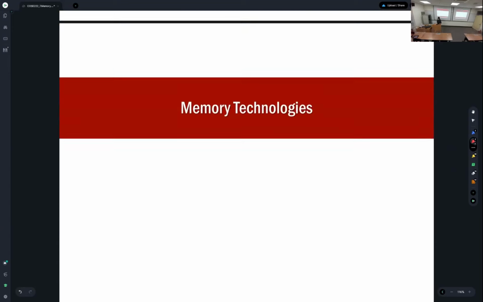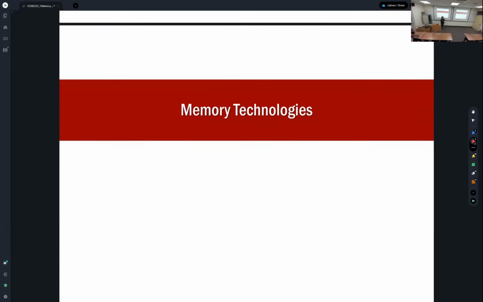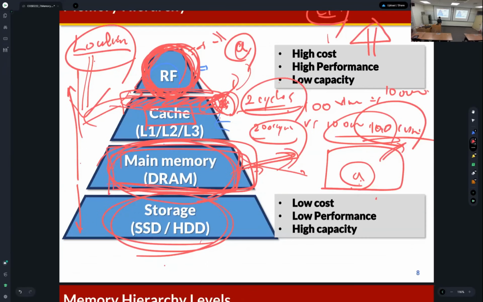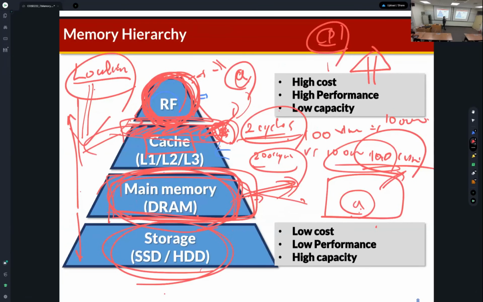Okay. And then I will explain the memory technology briefly. We learned that in the computer system, we organize the memory hierarchy from register file to cache, to the multi-level caches, and then main memory, and then also there is storage. Right?